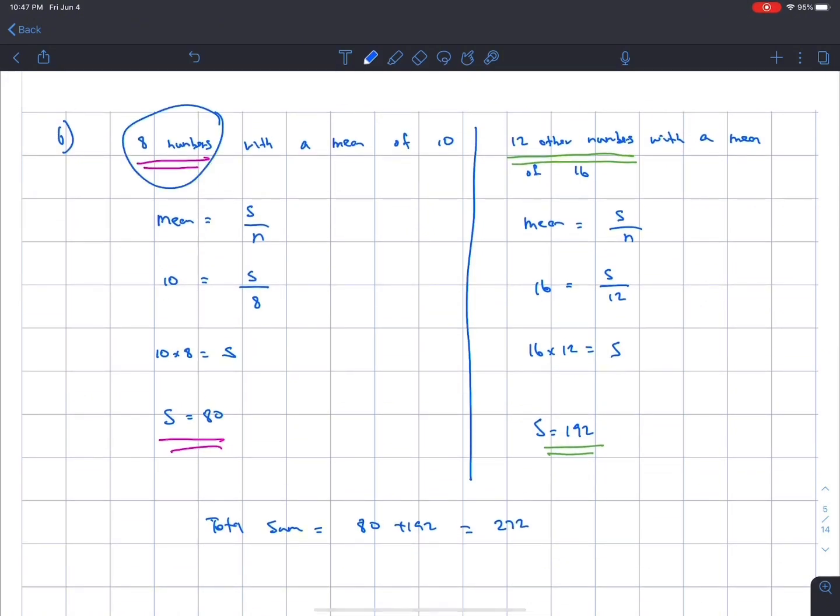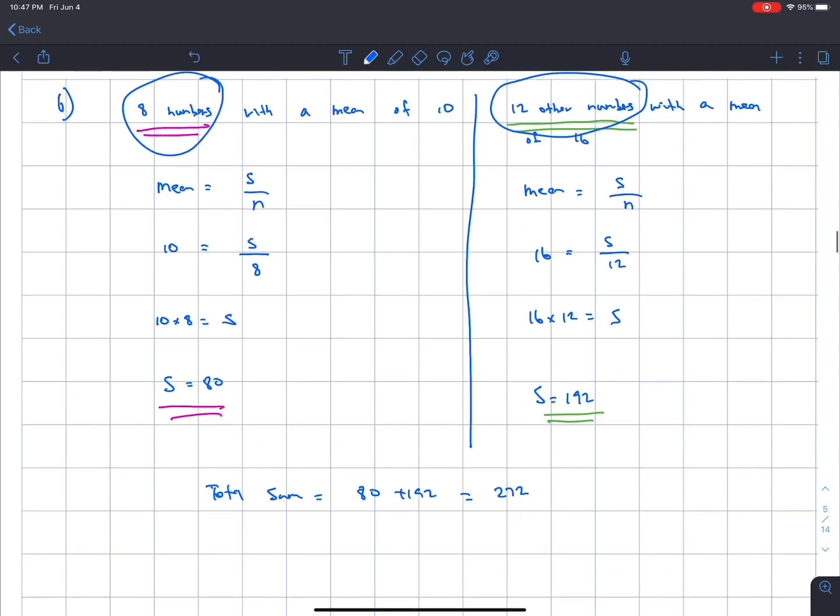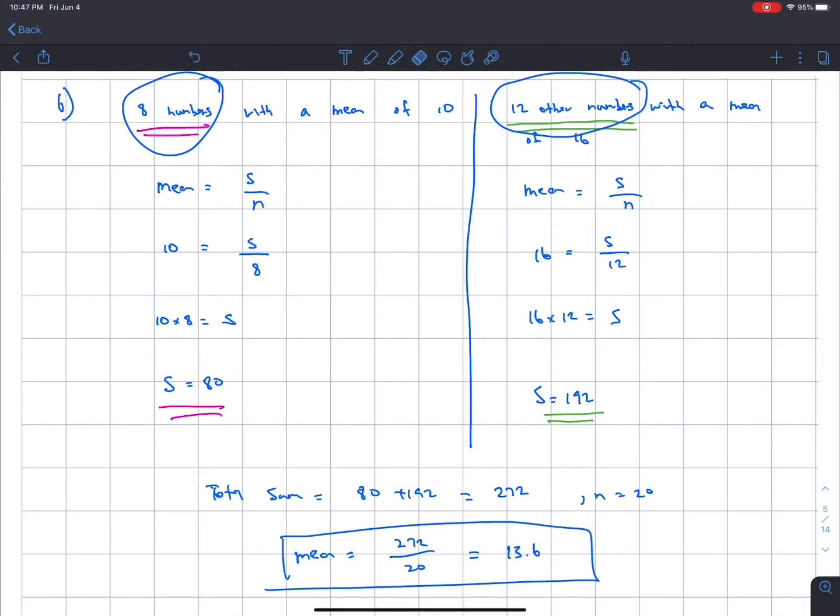And in total, we have 20 numbers. There's 8 numbers and 12 other numbers. So n is going to be 20. So now we can say that the mean is 272 divided by 20. We get 13.6. That's the answer.